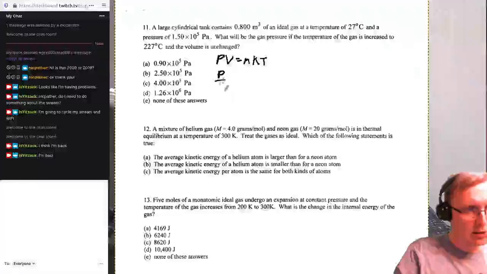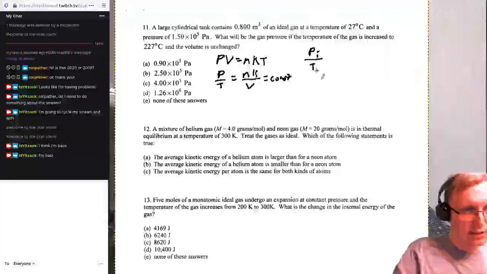So we end up with P over T is equal to Nk on V. This is constant. So now we have P initial on T initial is equal to P final divided by T final.